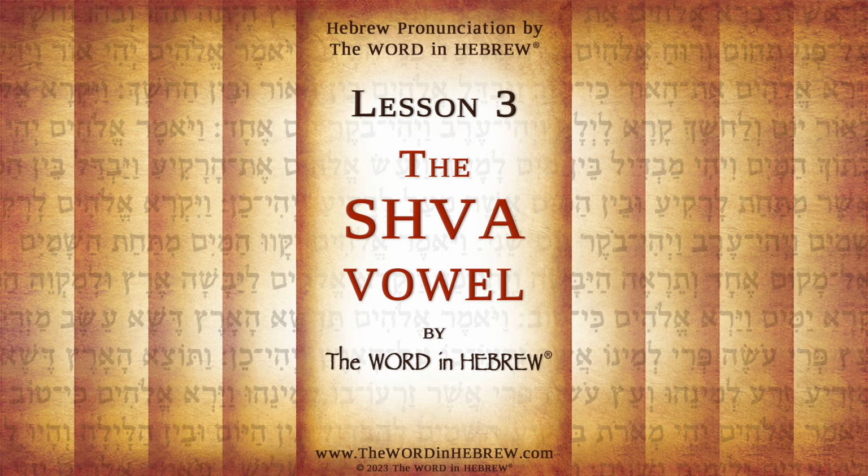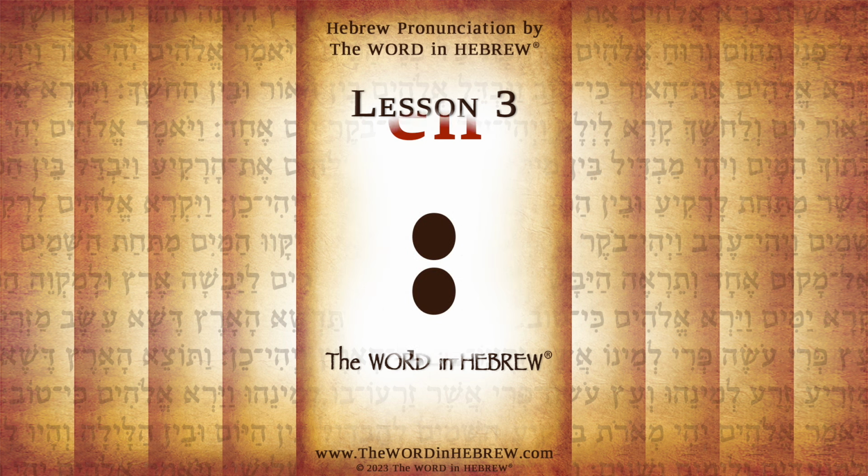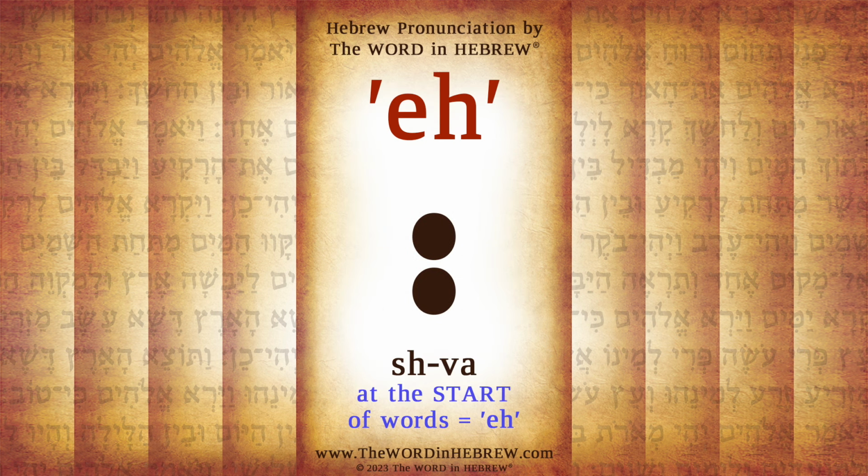In the next lesson, I will talk about the SHVA vowel in more depth and teach you some really good rules and tips to know how to differentiate between a vocal or a silent SHVA. For now, you should know that a SHVA at the start of words is always vocal, meaning it adds the E sound to the letter it is on.